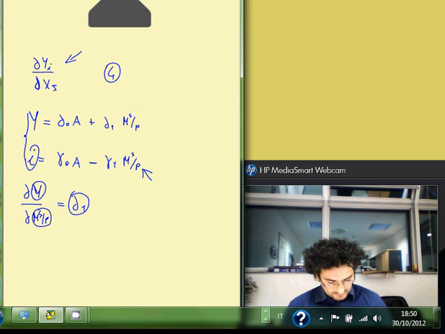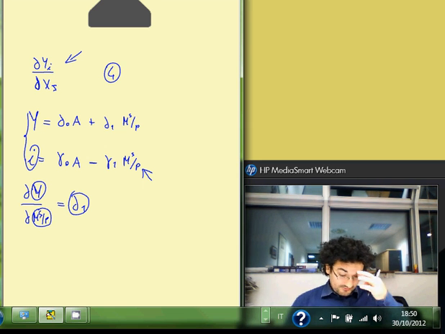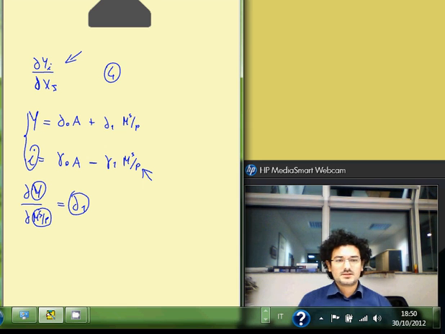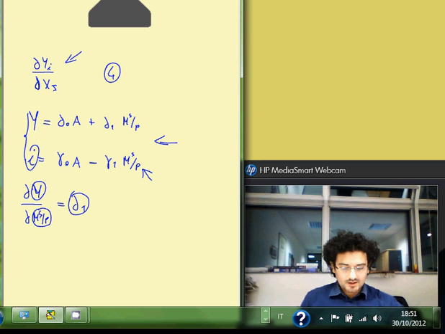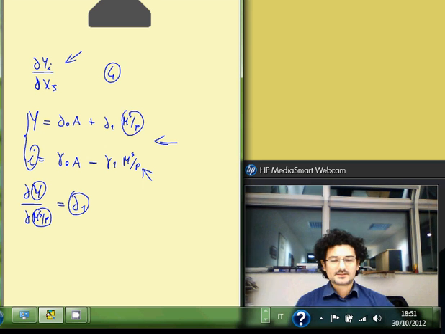In the same way, we can consider the effect on the interest rate. In this model, the endogenous variables are interest rate and income. The exogenous variables are A, the so-called autonomous components of aggregate demand, and the money stock MS divided by P, the real money stock. So we can consider also the effect of an increase in the money stock on the interest rate.